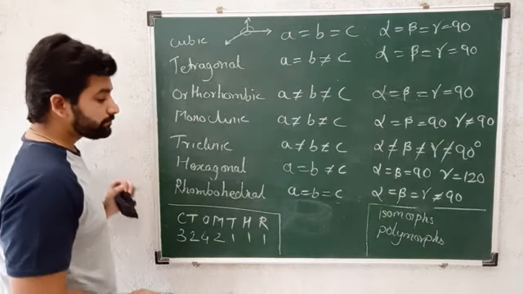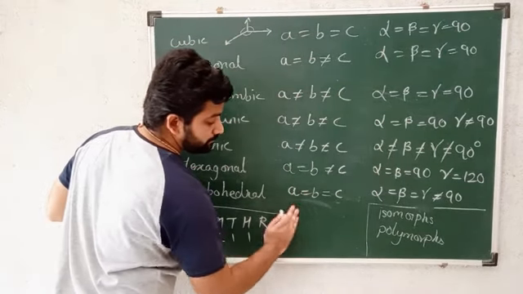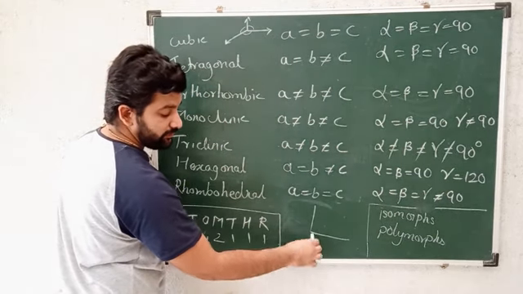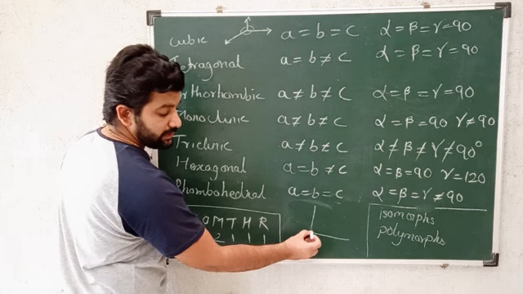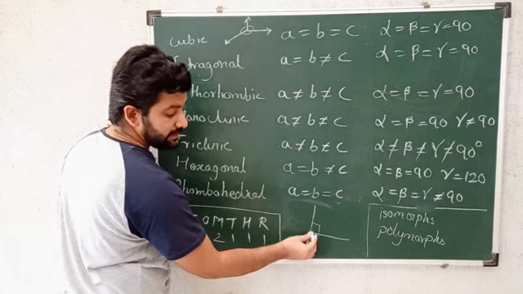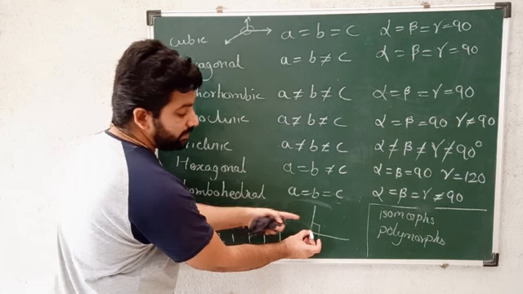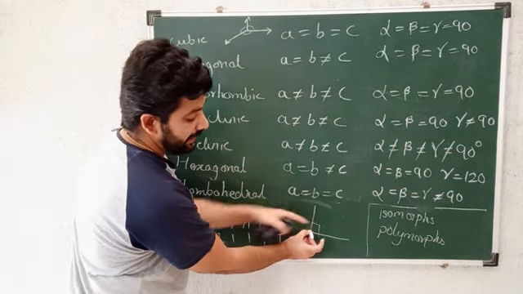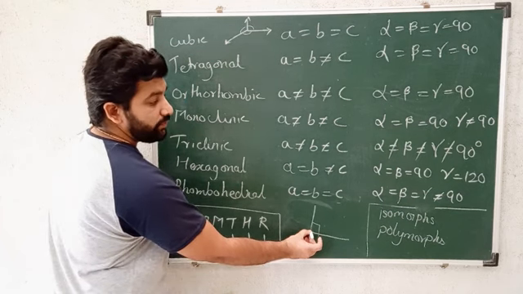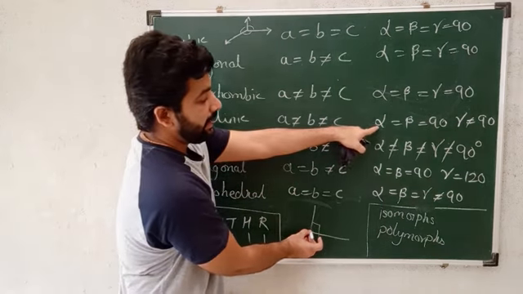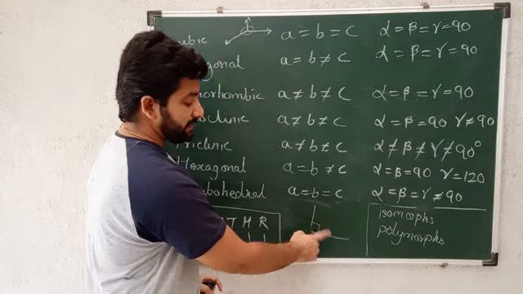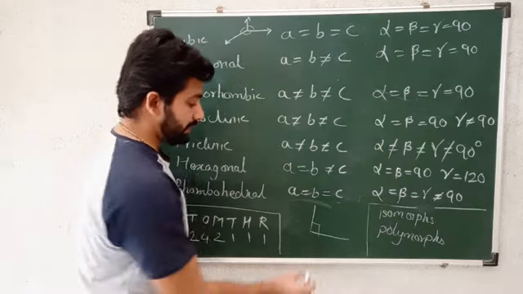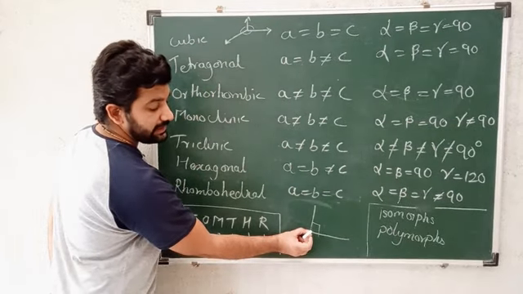For example, if I draw X and Y axis over here and I put a chalk over here which is at 90 to each other, this angle is 90, and the angle between Y and Z is 90, and the angle between X and Z is 90. Now what we are going to show is alpha beta, meaning these 2 axes are 90 to each other, but the angle of gamma is not 90, meaning this chalk will be slightly tilted.